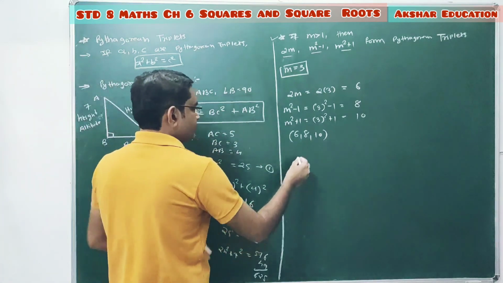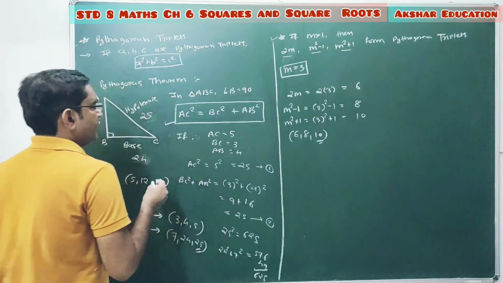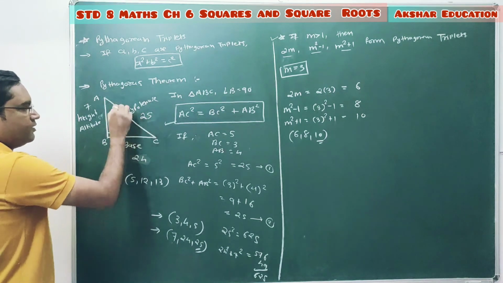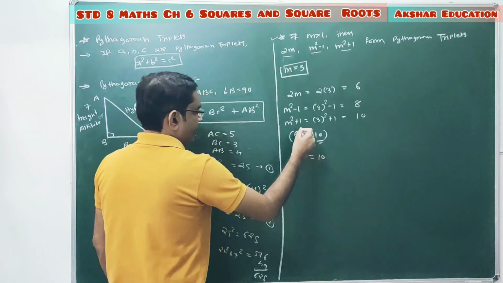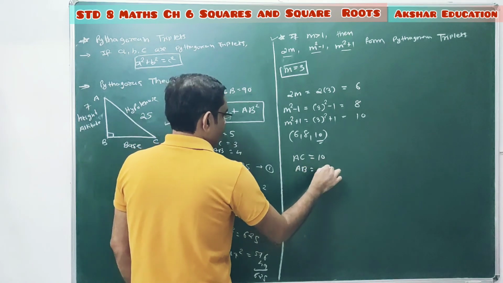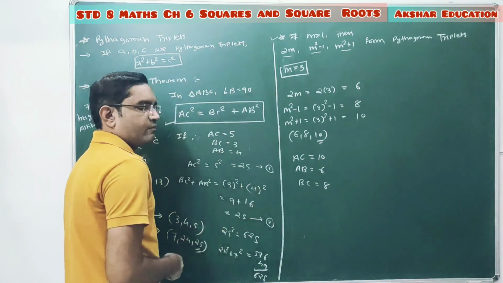Let's verify. You have to consider the longest side as the hypotenuse. Now what is the hypotenuse? It is the longest side of a right angle triangle. So you have to consider this AC as 10. So here our AC is 10 and the remaining two sides you can take as BC and AB. So take AB equal to 6 and BC equal to 8. Verify our Pythagoras theorem.